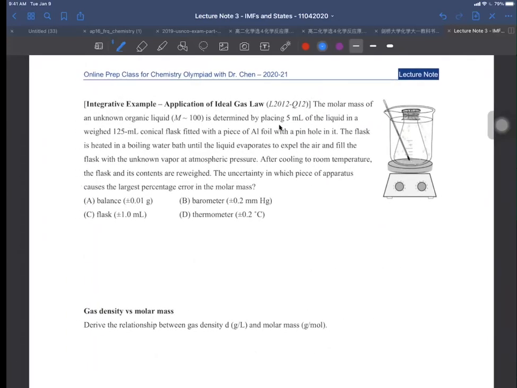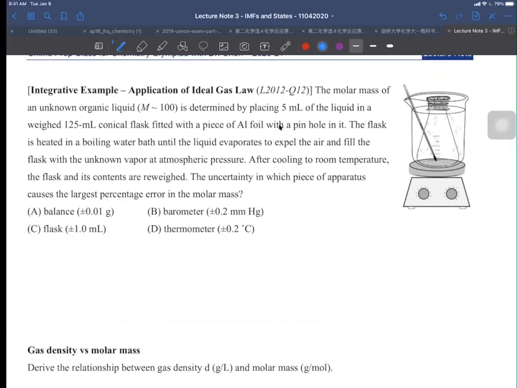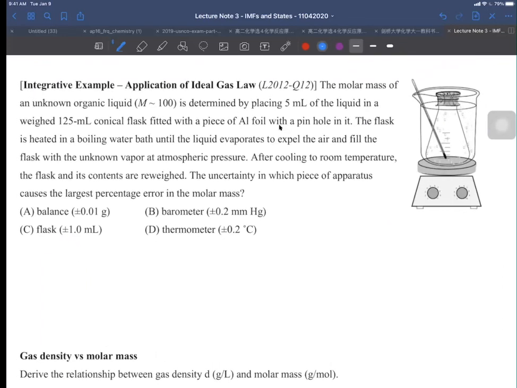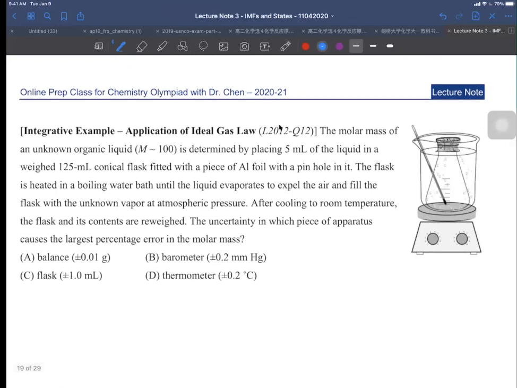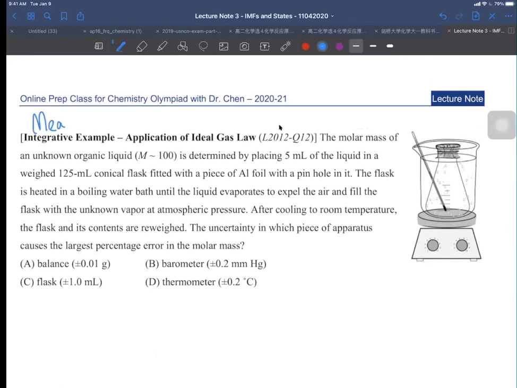So what I want to talk about is a very important experiment. This is something you probably couldn't get from self-study. The goal of this experiment is to measure the molar mass of a volatile liquid.